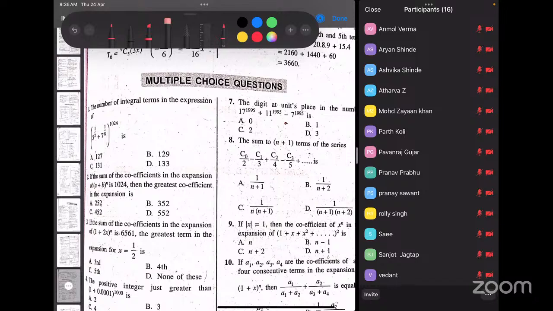If you look at it, it is the sum of coefficients in the expansion, which means nC0 plus nC1 plus up to nCn, and this is 1024. So 2 raised to power n is 1024. What will be 1024 in terms of powers of 2? Check.